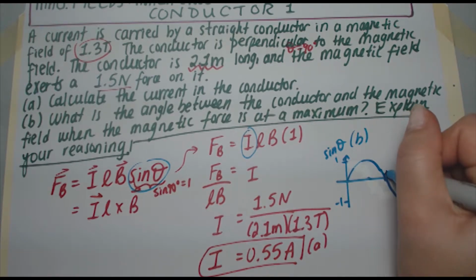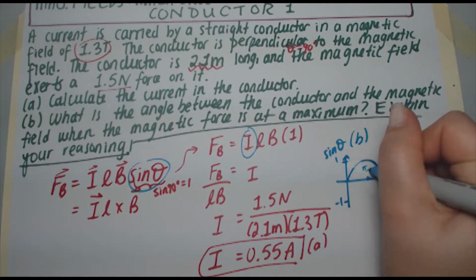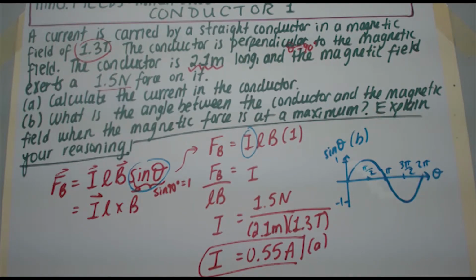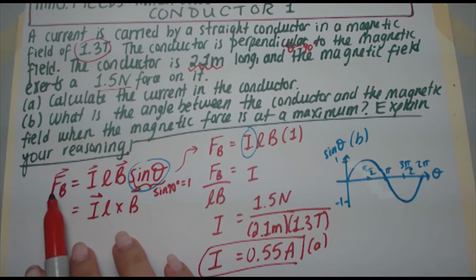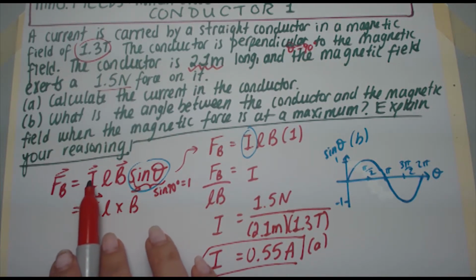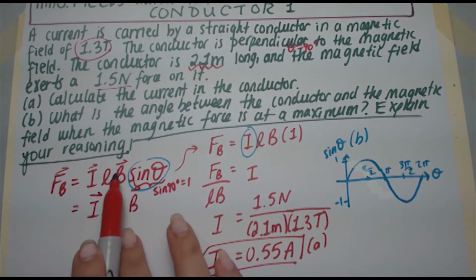Here we have 2 pi, pi, 3 pi over 2, and then pi over 2. Now notice, because sine theta goes between -1 and 1, or rather if you look at the absolute value between 0 and 1, the maximum value this takes on is 1, therefore the maximum magnetic force you can have is just whatever you get from ILB, I times L times B. That's the biggest number you can get.